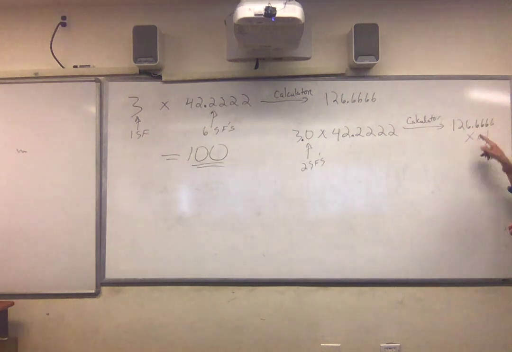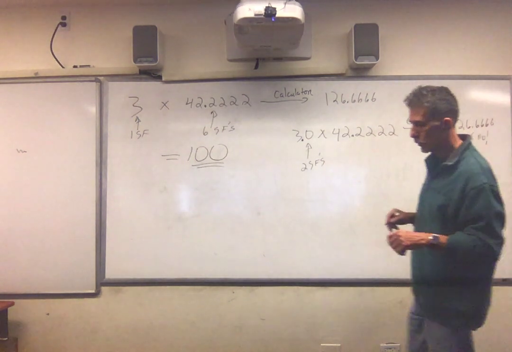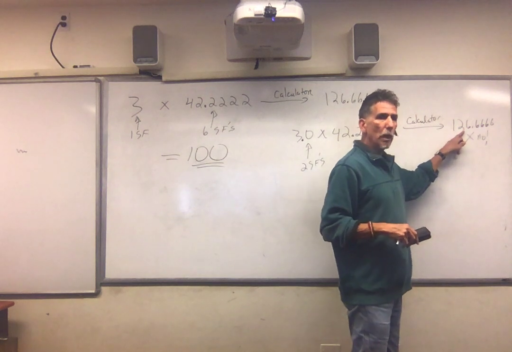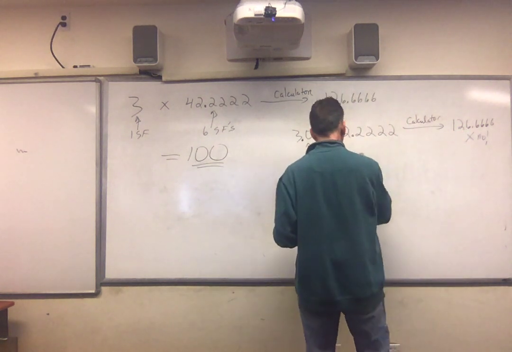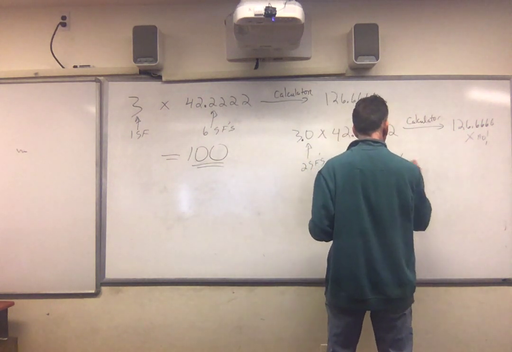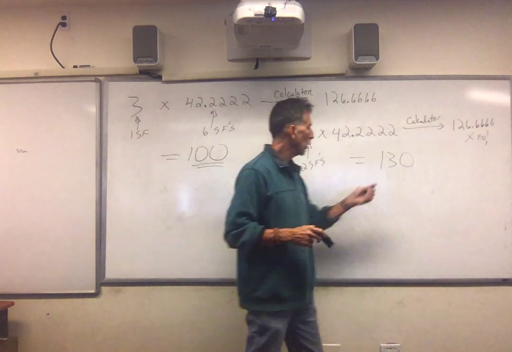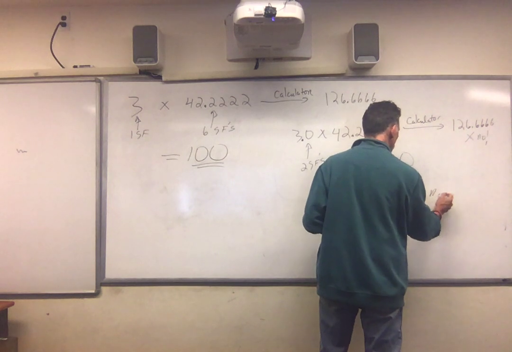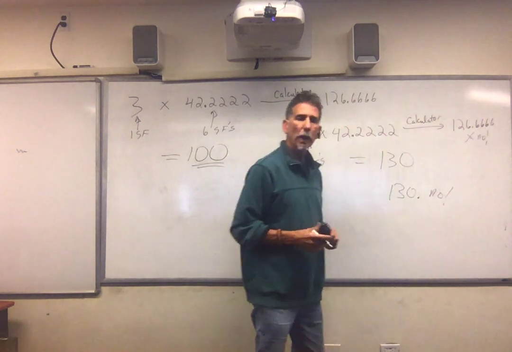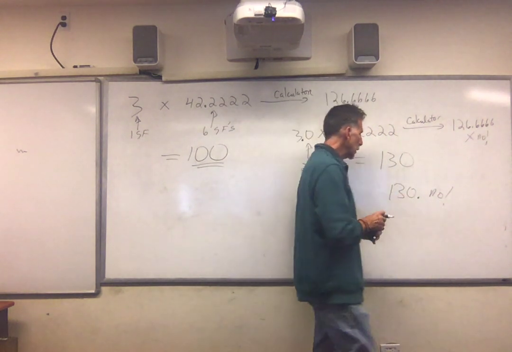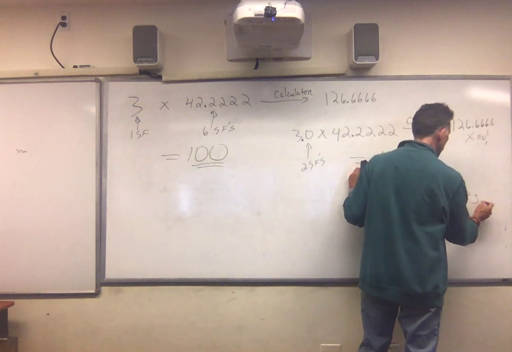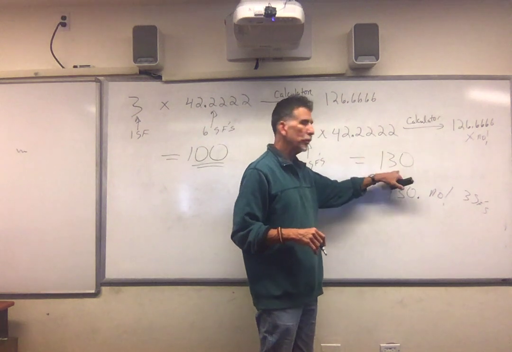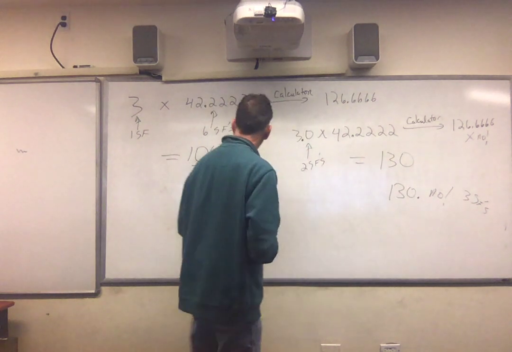So how do we round this off to two significant figures? Well, the closest number we can round this off to would be 130. That's the correct answer. What about 130 with a decimal place? No. Why not? A decimal place means this has three significant figures. Not right. So this would be rounded off to this.